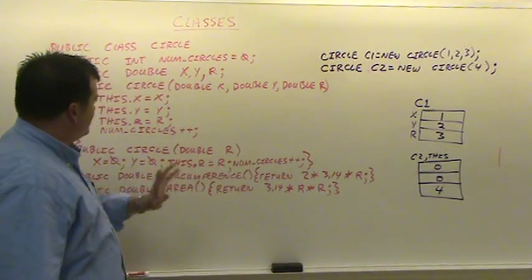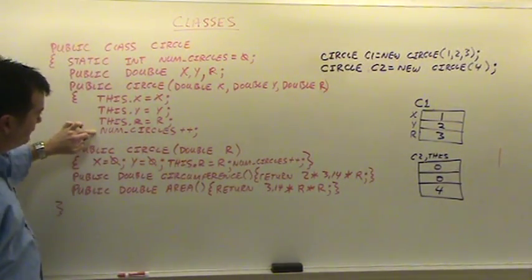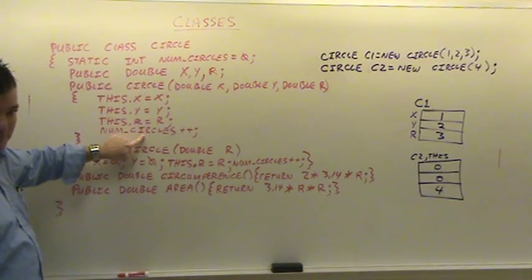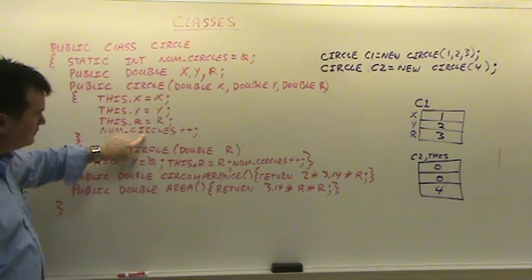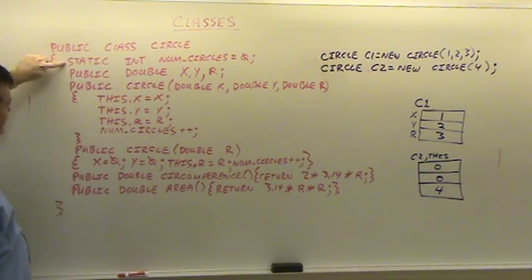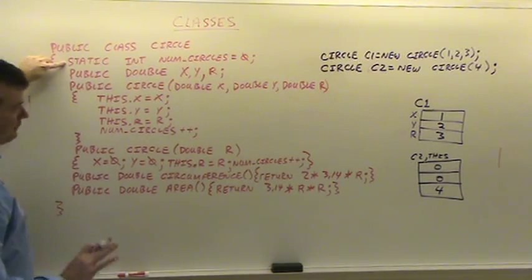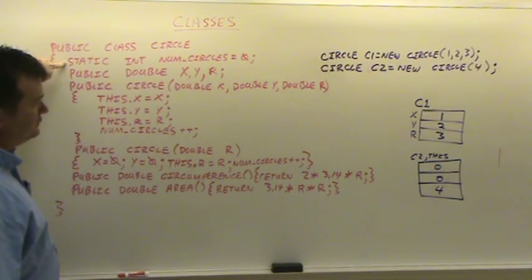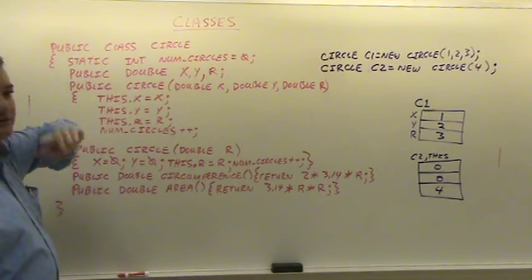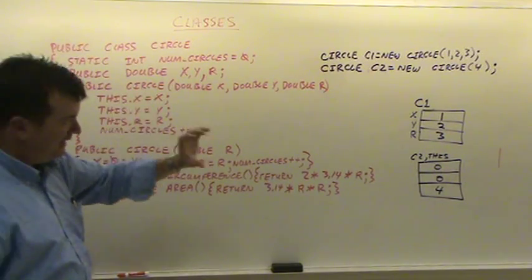Okay, and now I should have done something before. We have this variable called number of circles, num underscore circles. This variable is a static variable. Now, a static variable is where you get one piece of storage for the entire class. You don't get one for each circle.